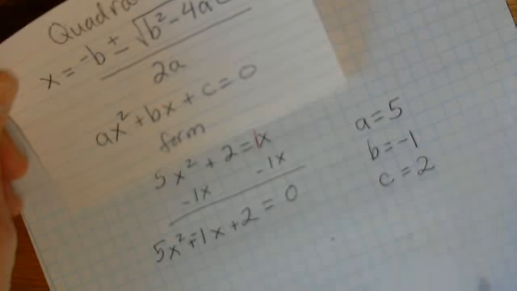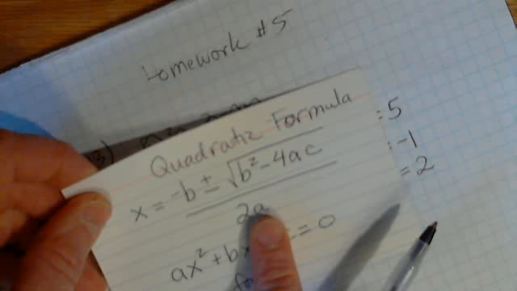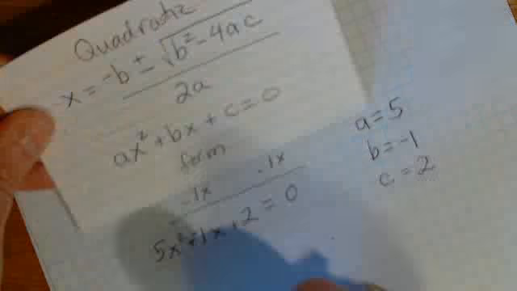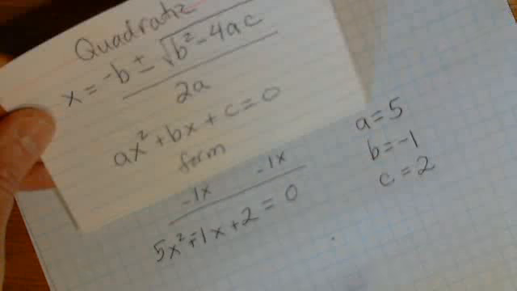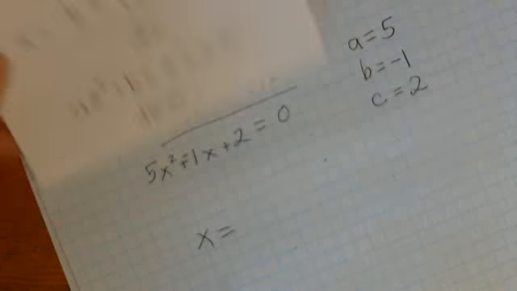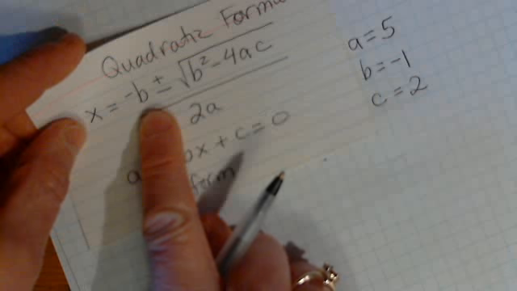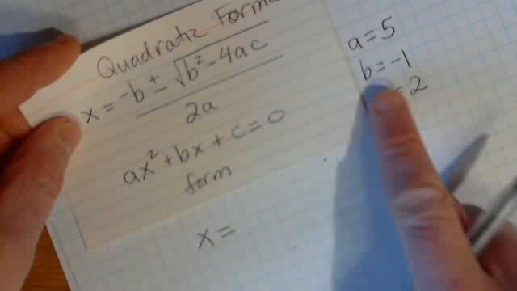Okay, we're going to be plugging these numbers into our quadratic formula now. So let's do that. Start with x equals, because we're trying to find the solution for x, and opposite of b comes first. Now notice how I say opposite of b. The opposite of our b value is positive 1, because b is negative 1.